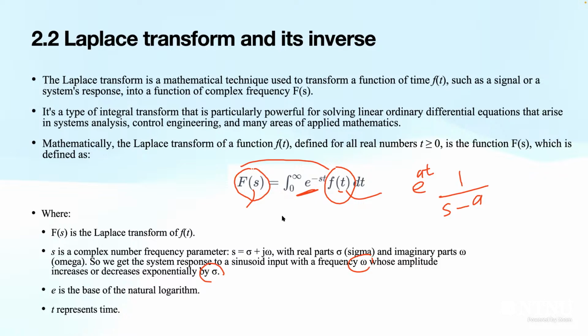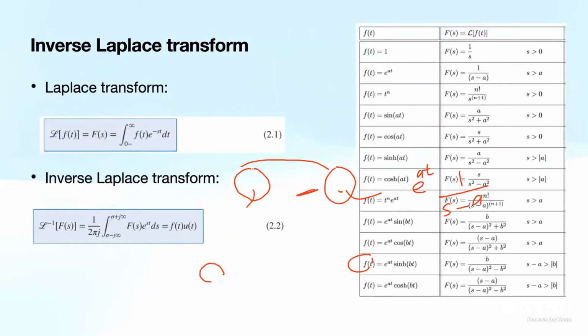But in fact, we are lucky because we don't need to do this integration. We have a table. We can use this table for solving those Laplace transforms. So this is the equation of the Laplace transform, and this is the inverse Laplace transform. In the Laplace transform, we start with a function in the time domain and try to get F of s, so it will be the integration from 0 to infinity of this function multiplied by exponential minus st dt.